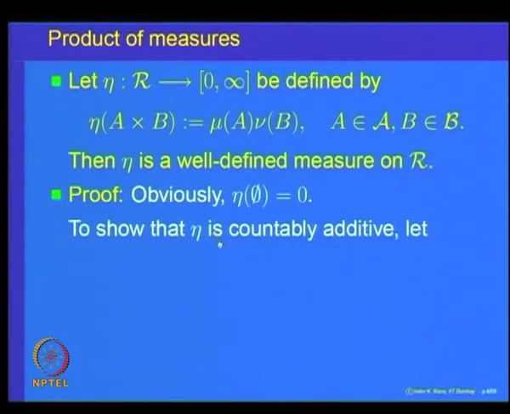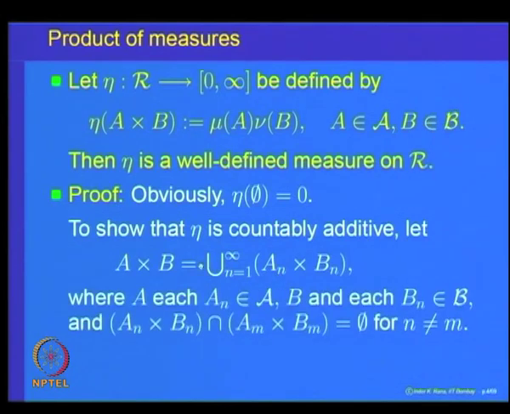To show that, let us take a rectangle A cross B, and suppose it can be represented as a union of rectangles A_n cross B_n, which are pairwise disjoint. So, A cross B is written as the union n equal to 1 to infinity of rectangles A_n cross B_n, where all the sets A_n are in the sigma algebra A, the sets B_n are all in the sigma algebra B, and these rectangles are pairwise disjoint.